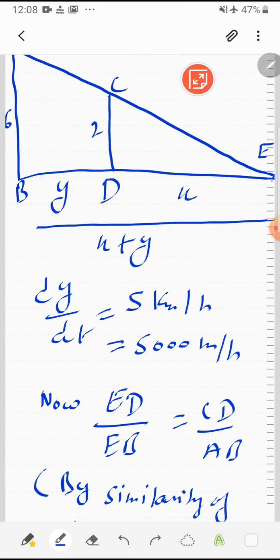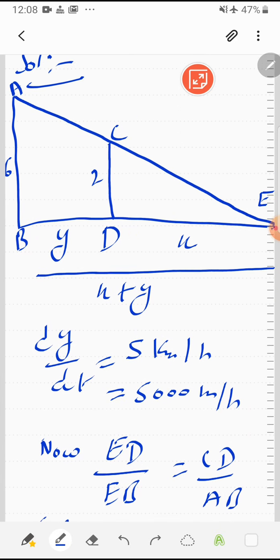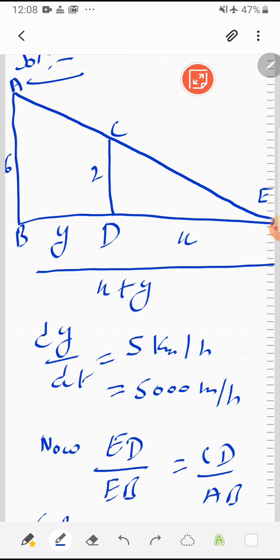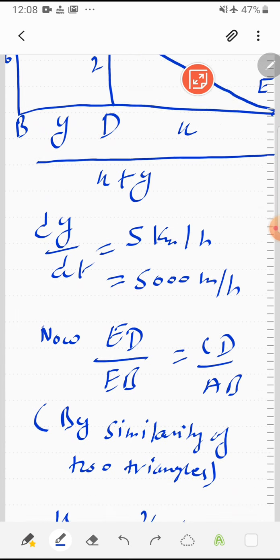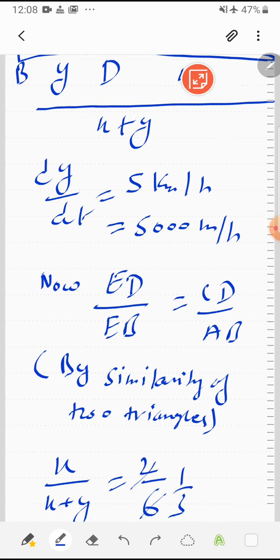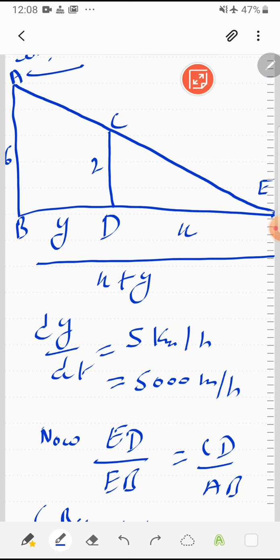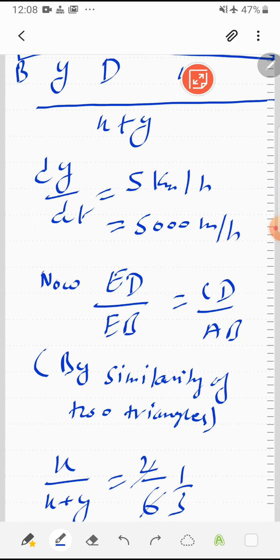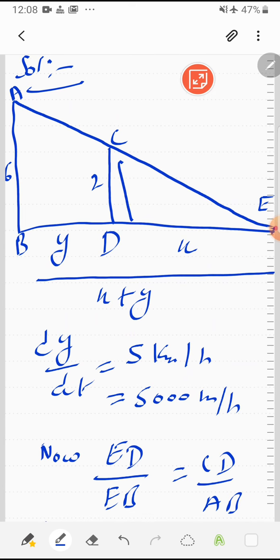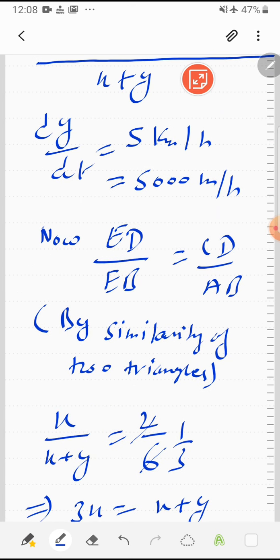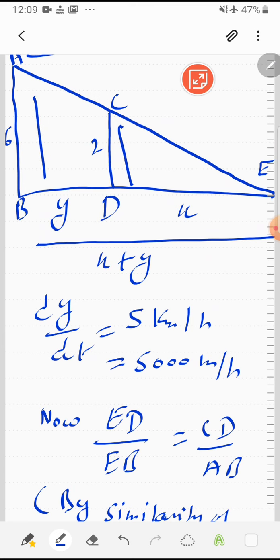Now by the concept of similarity of two triangles, ED upon EB is equal to CD upon AB, because these two triangles are similar, so no need to prove similarity. So sides are proportional. From the diagram, ED is x, EB is x plus y. Putting the values here, CD is 2 and AB is 6.